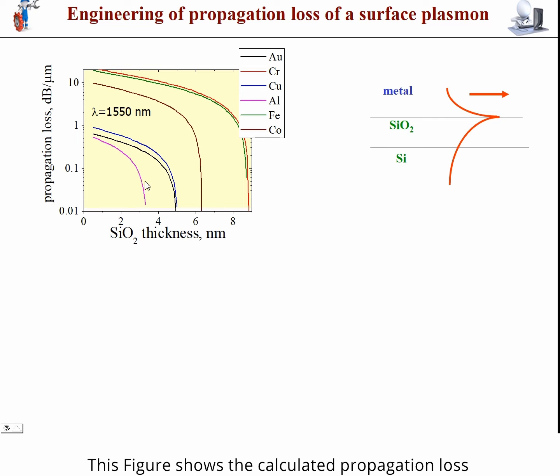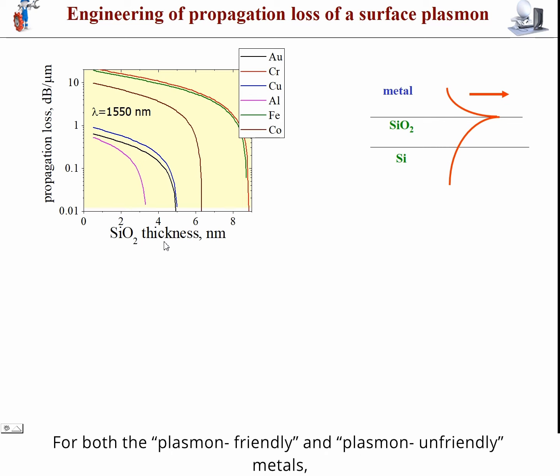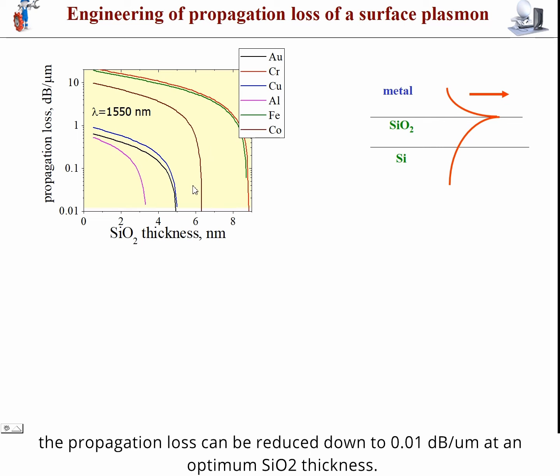This figure shows the calculated propagation loss in this plasmonic structure versus SiO2 thickness for both plasmon-friendly and plasmon-unfriendly metals. The propagation loss can be reduced down to 0.01 decibel per micrometer at optimum SiO2 thickness.